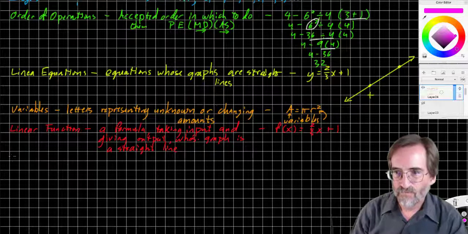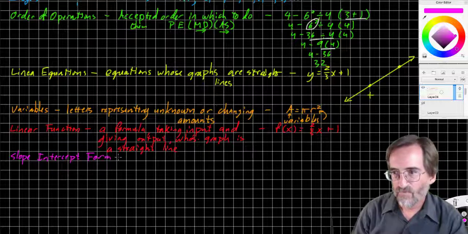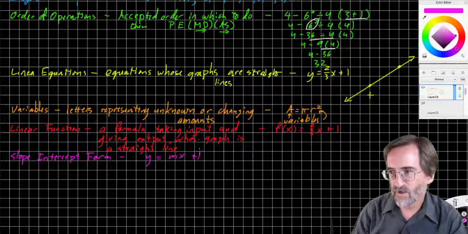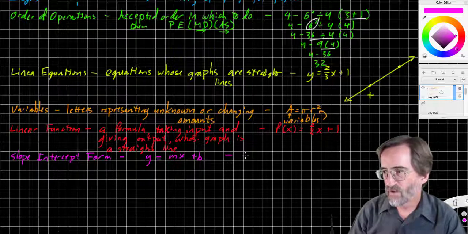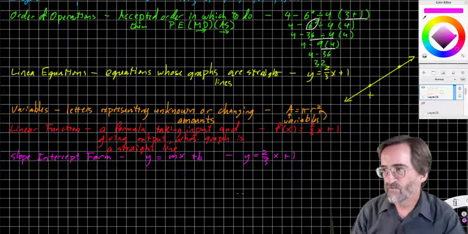Slope-intercept form. For a linear equation, that is y equals mx plus b. Example, y equals 2/3 x plus 1.